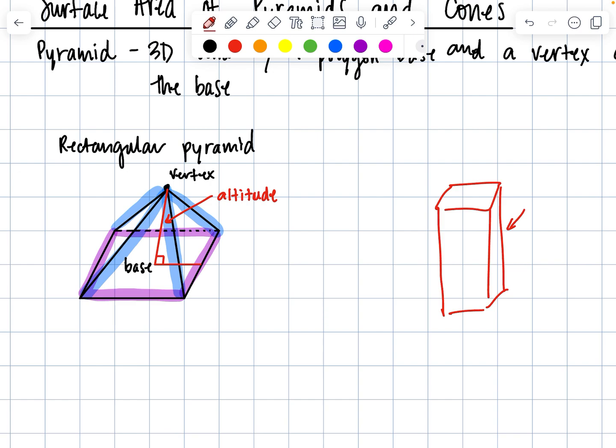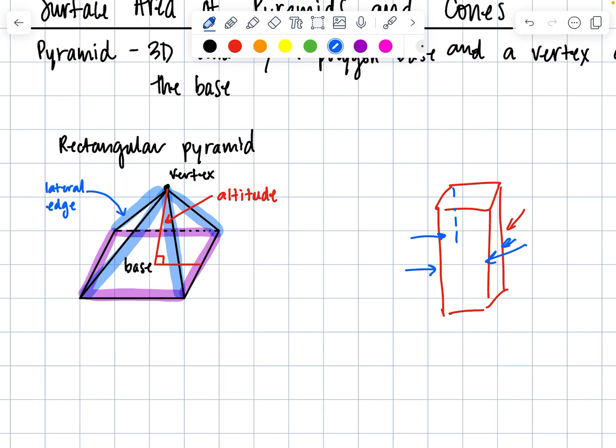And here we have 4 lateral edges, just like a rectangular prism does. In a rectangular prism we had 4 lateral edges, and then the one you can't see in the back. Okay, so lateral edges still occur, except this time, the lateral edge is not the same thing as the altitude.